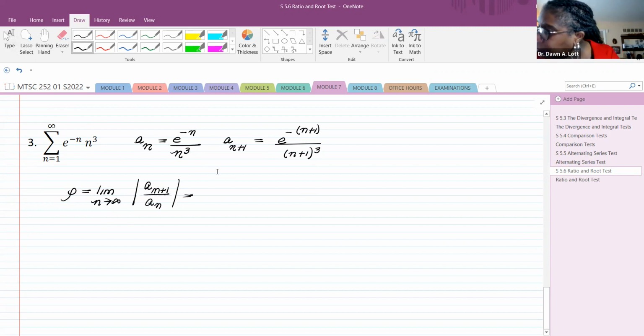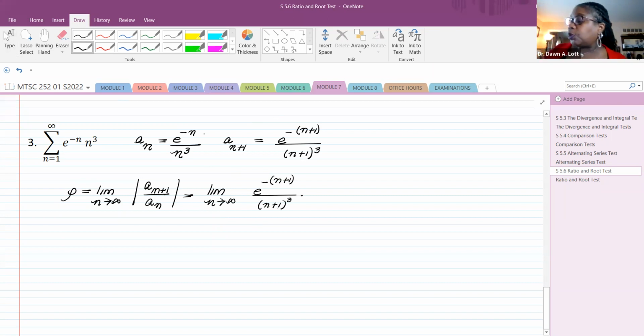I'm going to drop the absolute values because everything is positive. a_n plus 1 gives me e to the negative n plus 1 divided by n plus 1 cubed. And then I have to multiply by the reciprocal, so I'm going to get n cubed over e to the negative n.